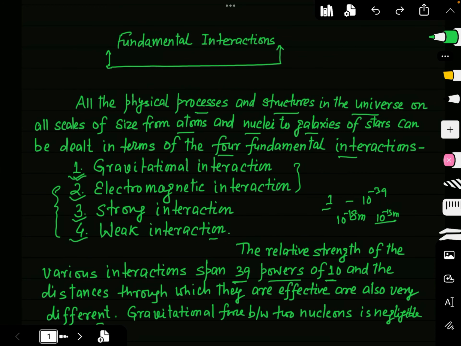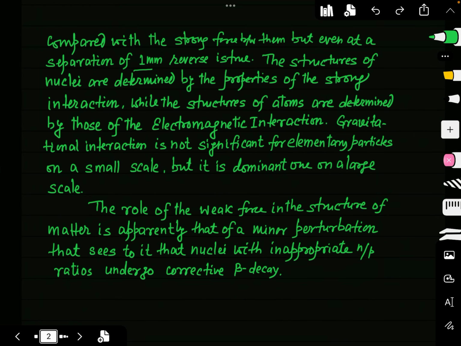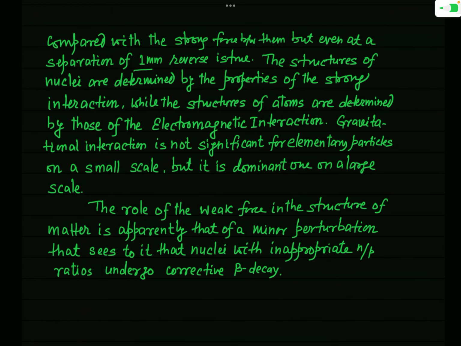Just a distance of between two nucleons. If we consider the gravitational force between two nucleons, let us consider this is a neutron and this is a proton, and we find the gravitational force and say this is Fg between the two nucleons.